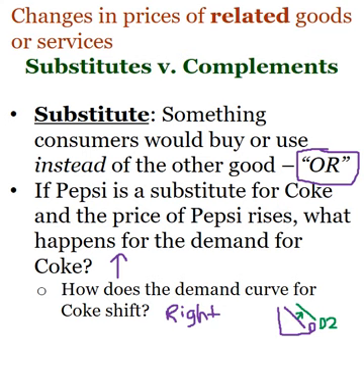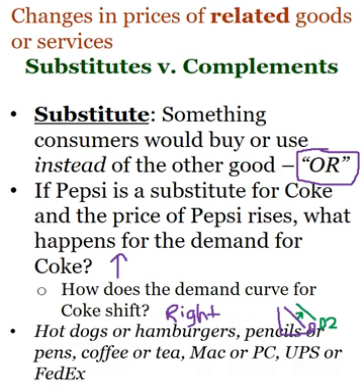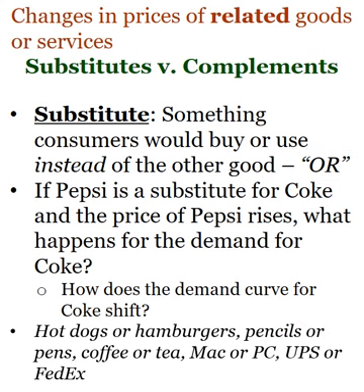Okay, there are some other examples of substitute goods here for us. Hot dogs or hamburgers. You might think that for your cookout, hot dogs and hamburgers are good substitutes. You want one or the other. If the price of hot dogs goes down, your demand for hamburgers would go down because now hot dogs are cheaper. Another substitute, pencils or pens.